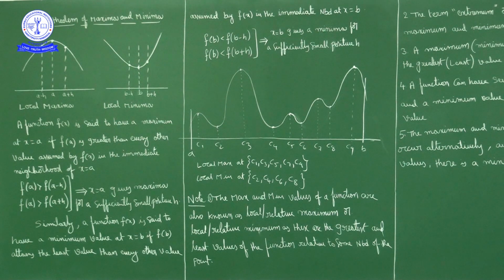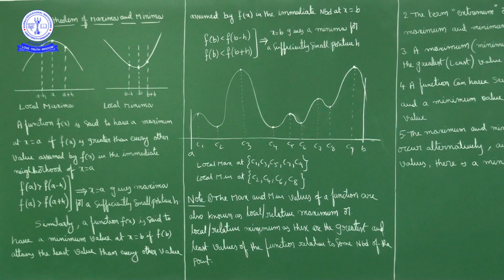Since f of a is greater than f of a minus h as well as f of a plus h, we can say x is equal to a gives a maximum, for a sufficiently small positive h.